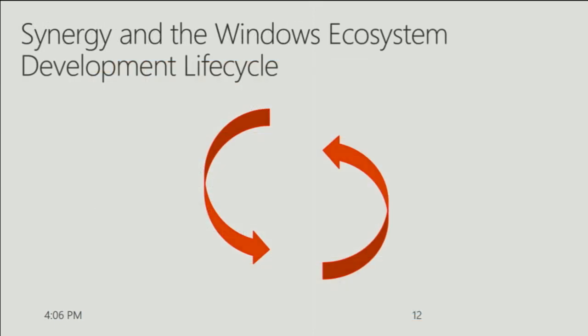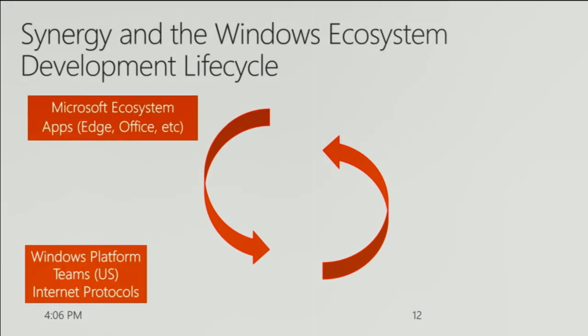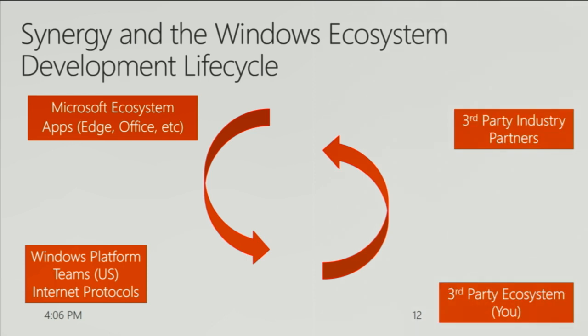Cool. Okay, so before we get into all the cool new features and all the great stuff about Windows Server 2016, let me talk about the life cycle for a moment. On the left-hand side, we have us, Microsoft's ecosystem and the platform teams, the internet protocols teams that I represent. And on the right-hand side, we have you: third-party industry partners, IT partners, ecosystems, app developers, you name it.